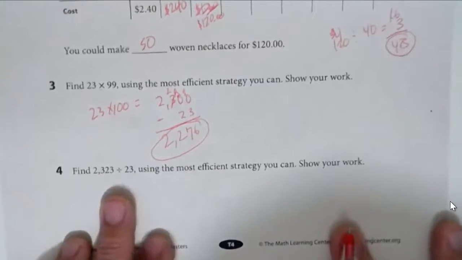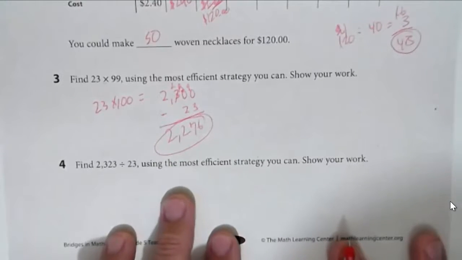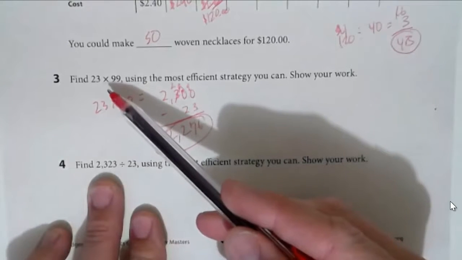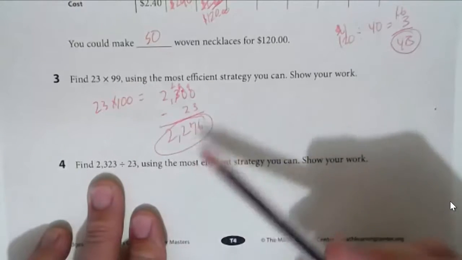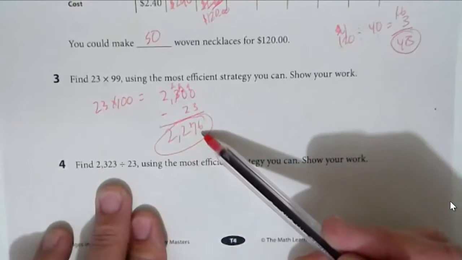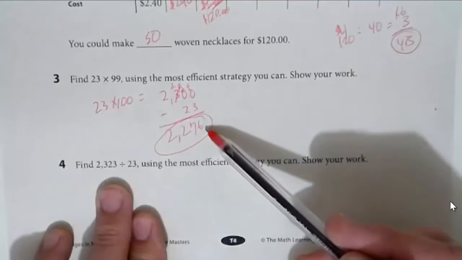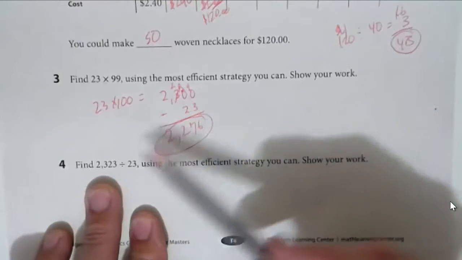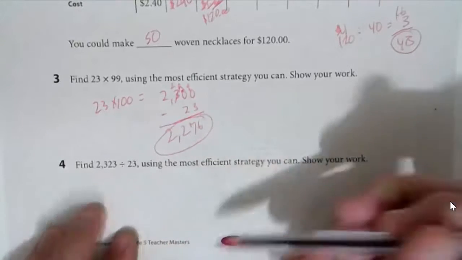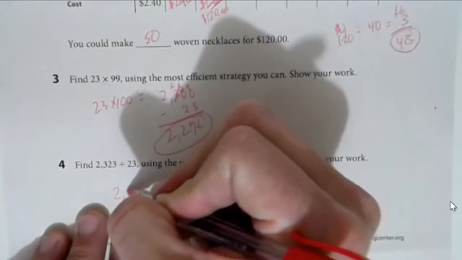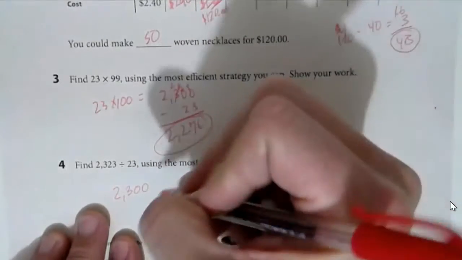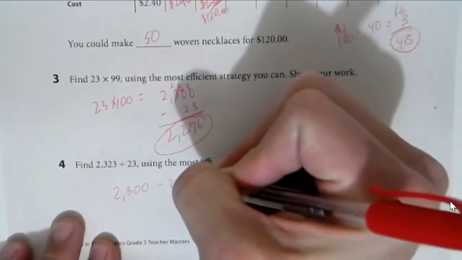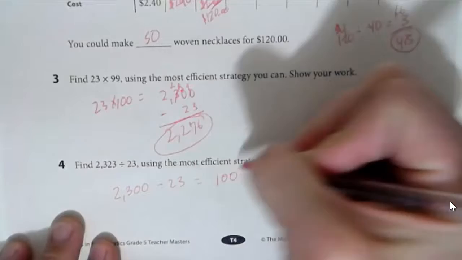Find 2,323 divided by 23 using the most efficient strategy you can. Show your work. Well, if I look right back up here, I just did 23 times 99, which is 2,276. I know 100 is 2,300. Oh, 2,300. So I'm going to take out 2,300 divided by 23 equals 100.